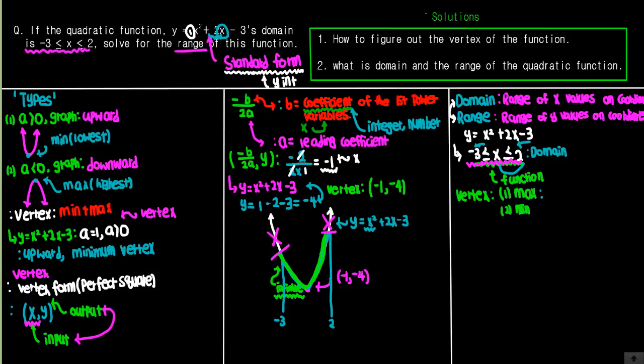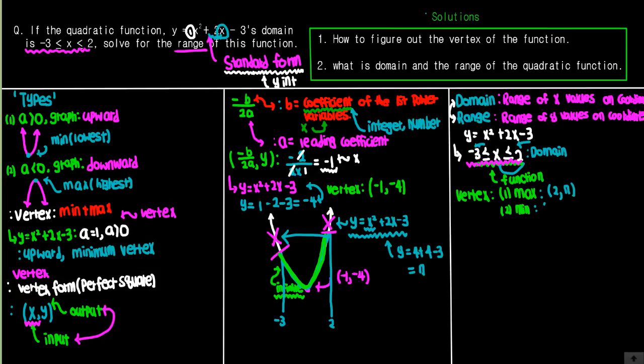Our maximum point is the highest point, when the x value is equal to 2. So when the x value is equal to 2, we can input it as our x value, which gives us y is equal to 4 plus 4 minus 3, which is positive 7.